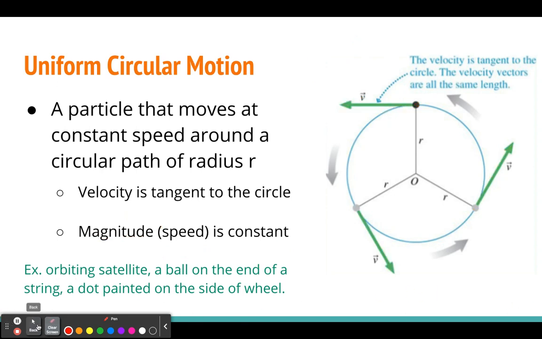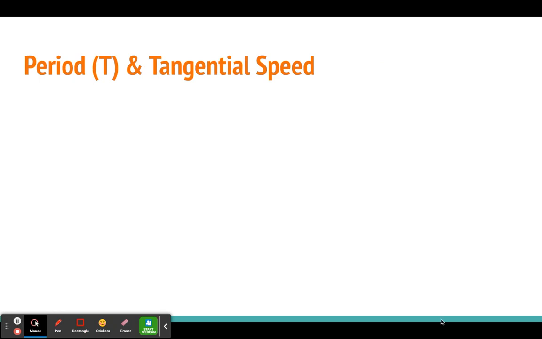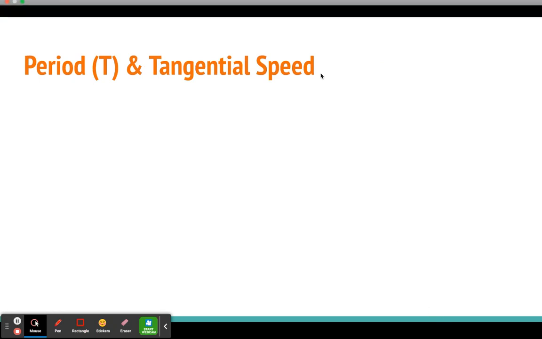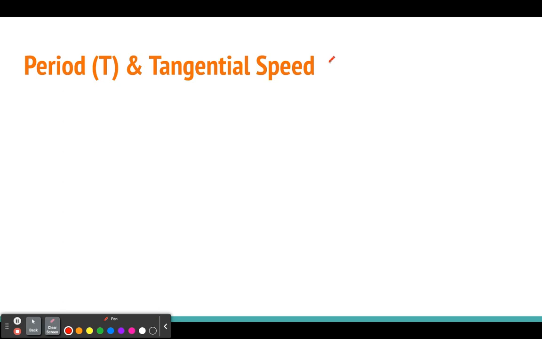We discuss tangential speed, which we're going to use the variable v sub t to represent, in relation to the period of rotation. So just like the period in a school day, whether it's English, math, science, one period is a consistent length, 78 minutes.